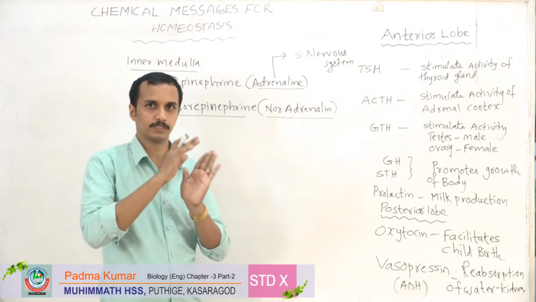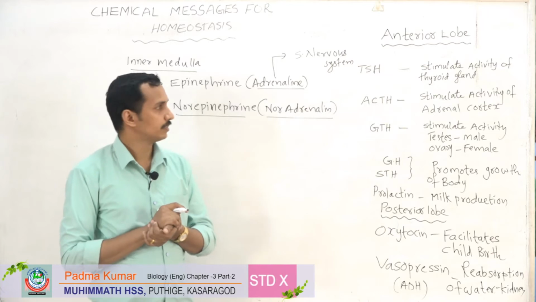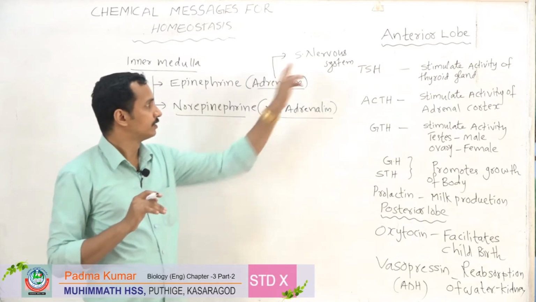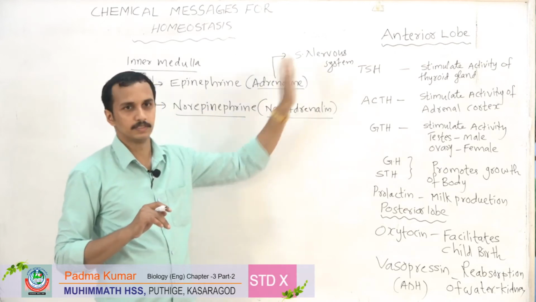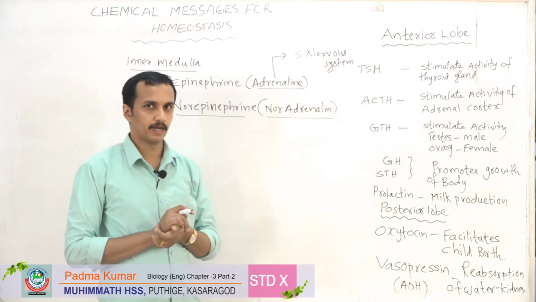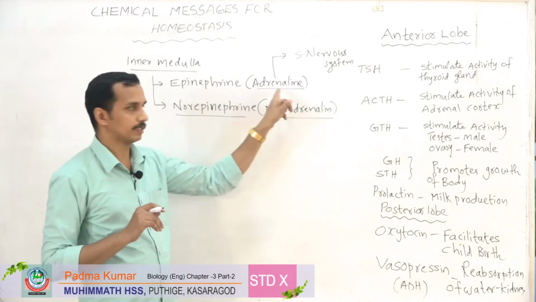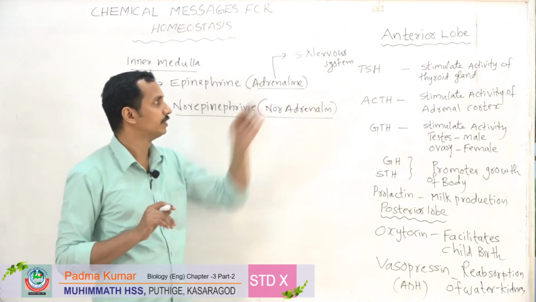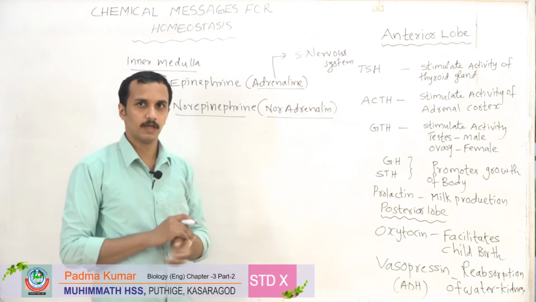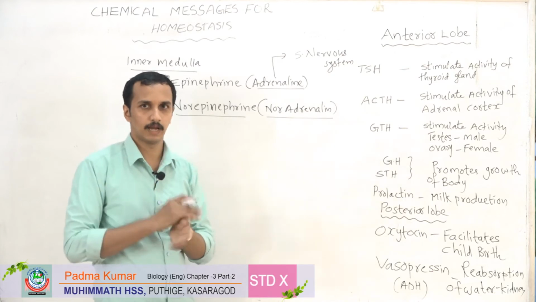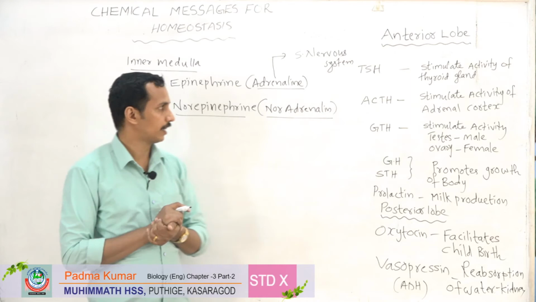Our peripheral nerve system contains a part called the autonomic nerve system, which has two regions: the sympathetic system and the parasympathetic system. Adrenaline joins with the sympathetic nerve system, and it helps our body fight against different emergency conditions.